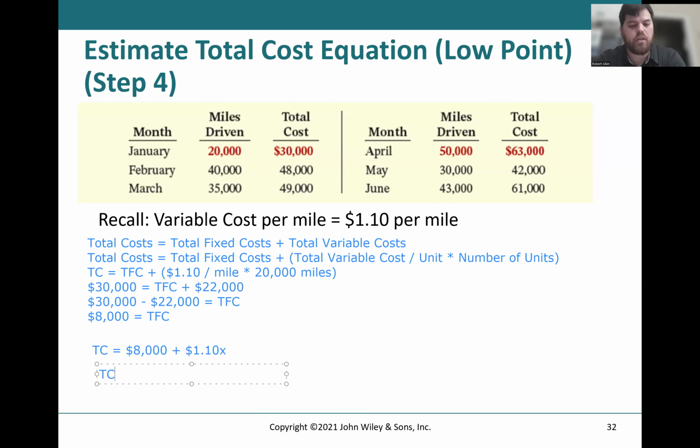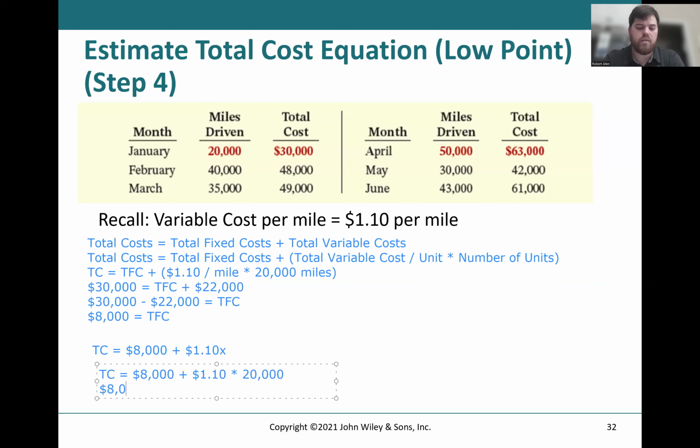Well, if I took my total cost equation, $8,000 plus 1.10 times 20,000 miles, I would get 8,000 plus 22,000, which in fact does come out to 30,000. Now, we knew it would. I mean, we just reversed the operations we did a minute ago. But the point here is this closes the loop for you. So you can see that this does in fact work.